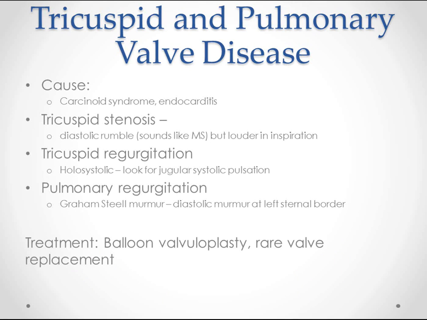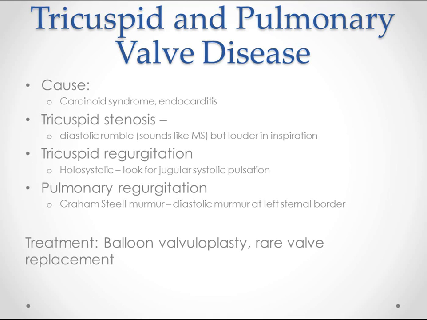This is just a note on tricuspid and pulmonary valve disease. They both can be caused by carcinoid syndrome. They both can be caused by endocarditis. When we think about tricuspid valve disease, we often think about IV drug abusers because they're sticking stuff into their veins, and the tricuspid valve is going to be the first valve that those little disease-causing pathogens are going to hit.